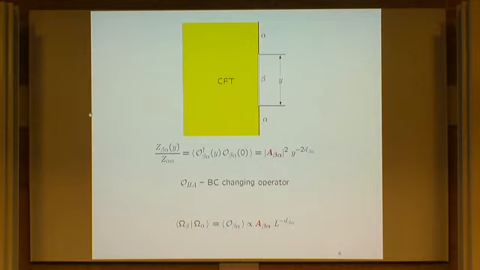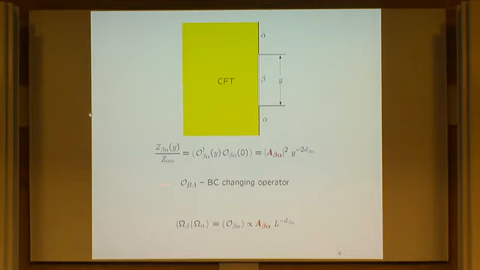Suppose we impose the conformal boundary condition alpha on the two half-infinite rays, and only on a finite segment of length y we impose the boundary condition beta. Then we consider the statistical partition function, normalized somehow.